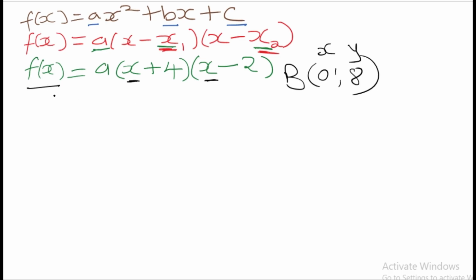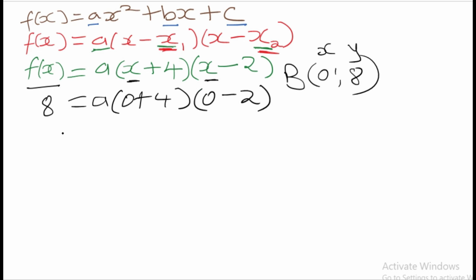So now in this function where I see y, I'm going to write 8. I've got my a, and then here I have to write 0, so I write 0 plus 4. For x, I write 0 minus 2. So now I've got 8 is equal to a(0 plus 4), that will give me 4, then (0 minus 2), that will give me minus 2.